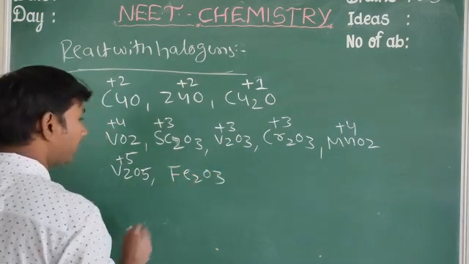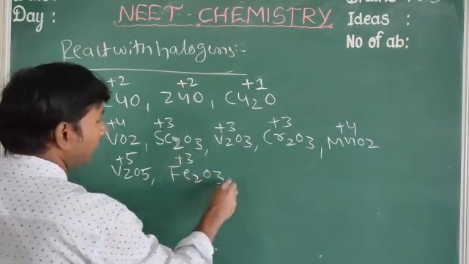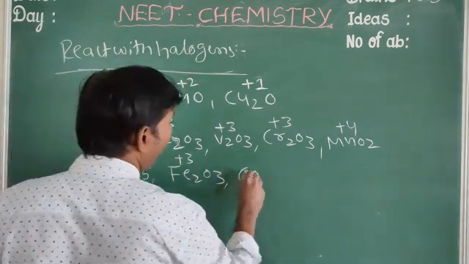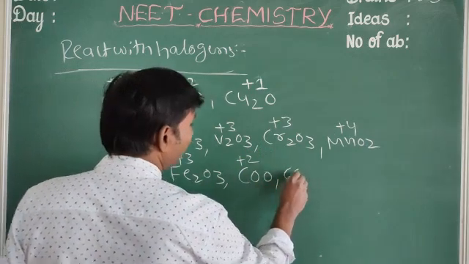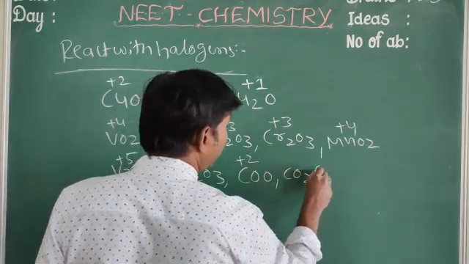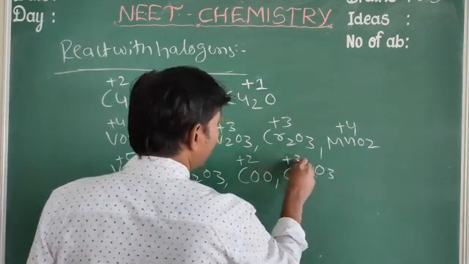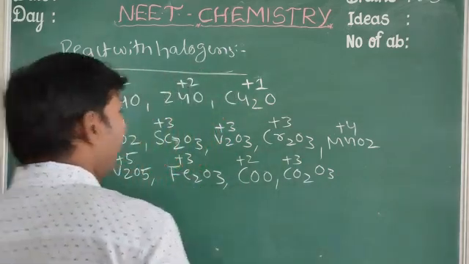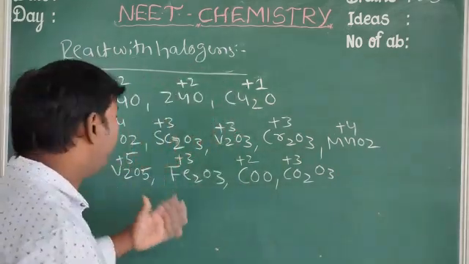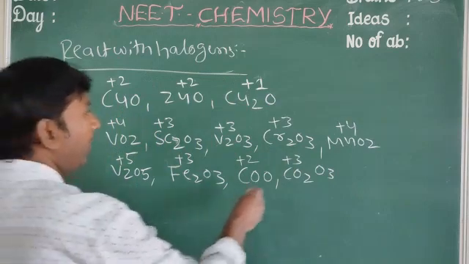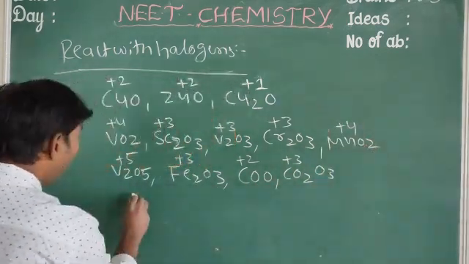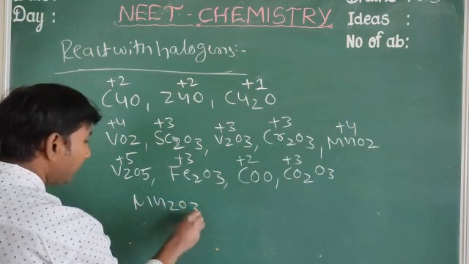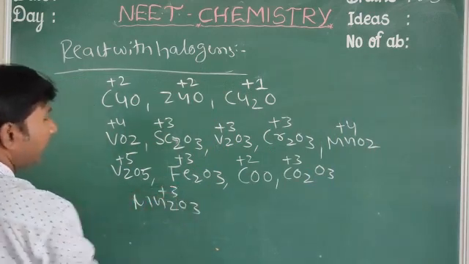Fe2O3 +3, cobalt oxide +2, dicobalt trioxide +3, like that. MnO2 is +4, Mn2O3 is +3.